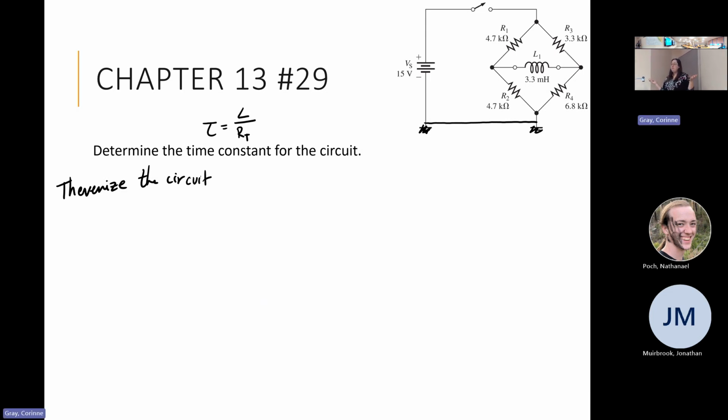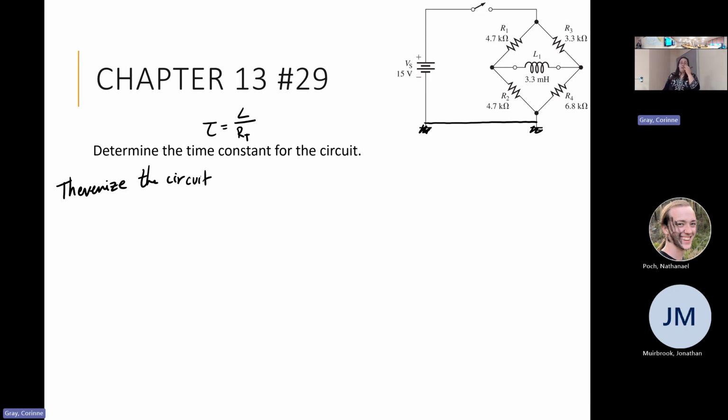None of them are technically the load resistor. All of them are important resistors for utilizing. So basically everything we learned about how to Thevenize the circuit doesn't work the second we put an inductor in here. You would need to learn all new rules, which we don't have time to cover in this class.